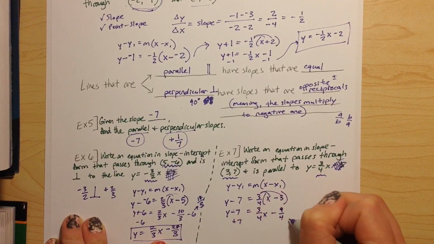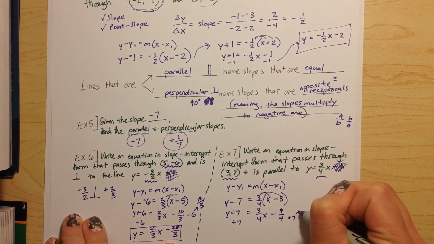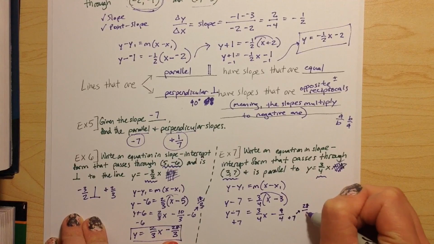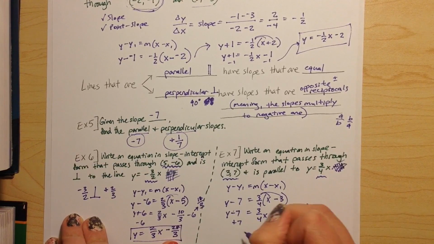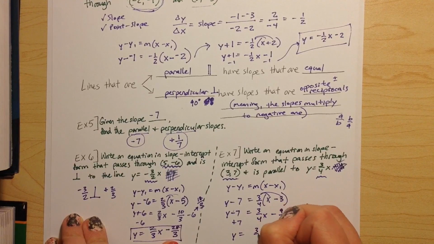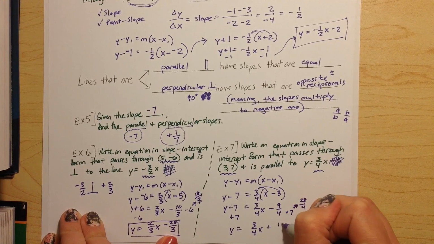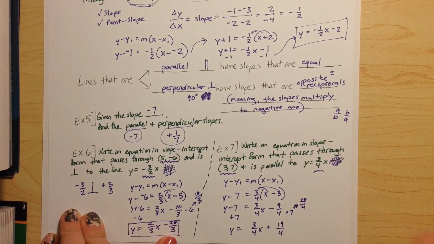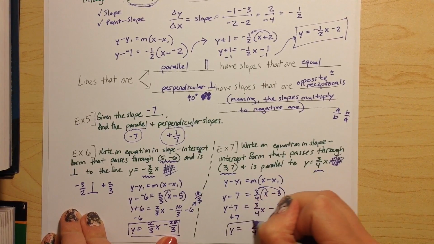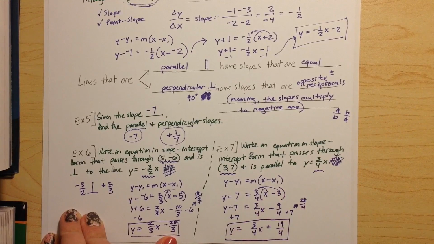I'm going to add that 7 to the other side, which I know is actually 28/4. That's something I know 7 equals. So this is y equals 3/4 x minus 9/4 plus 28/4. I am going to get positive 19/4. Again, a little weird with the fraction there, but there you have it.